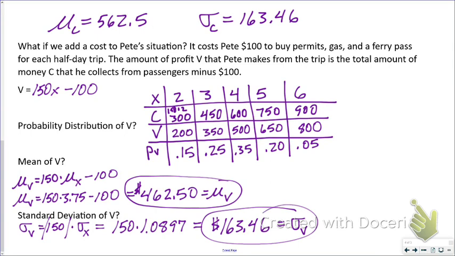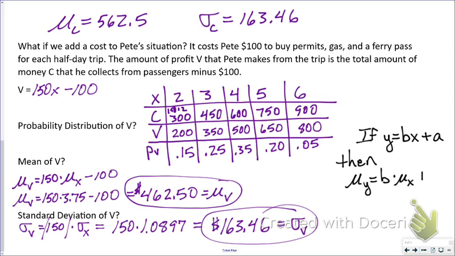If you're curious, the formulas for these two things are on the next page of the handout, but we're not going to get to it today. If this is my function right here, then I know the mean of y is b times mu x plus a.